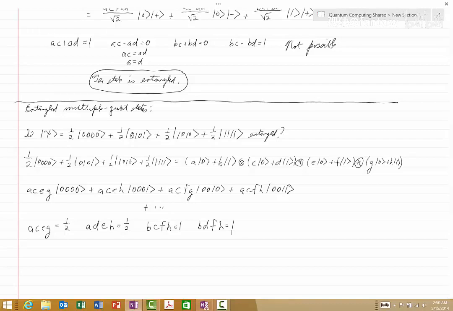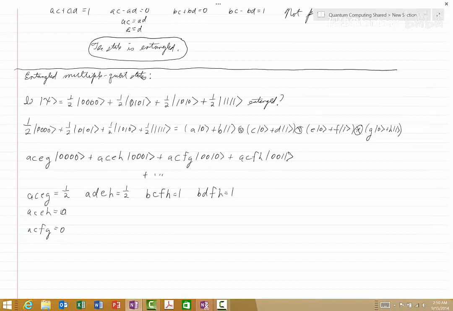So for instance, ACEH is equal to 0. ACFG equals 0. ACFH is equal to 0.